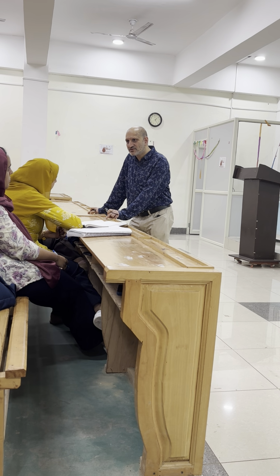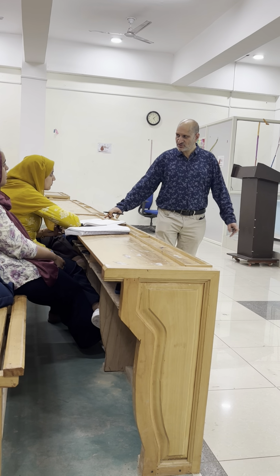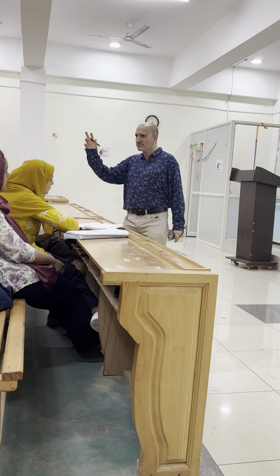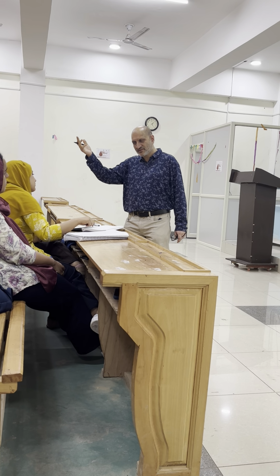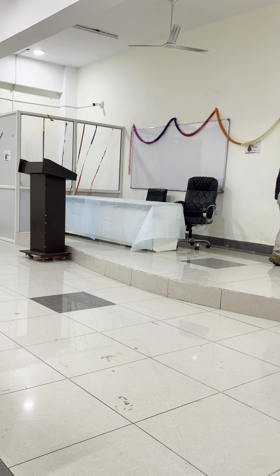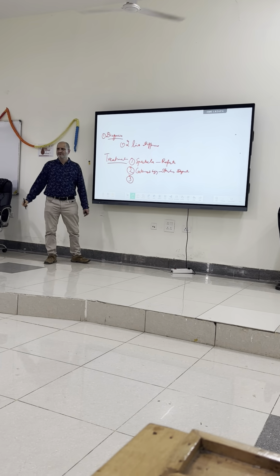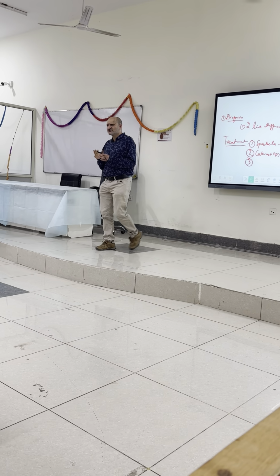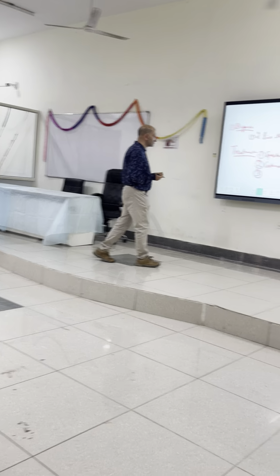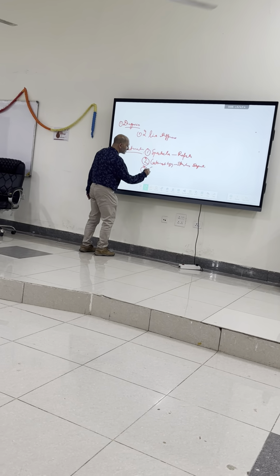Don't waste your time, because it is a question of the child's vision for the rest of his life. If it's affected, nothing can be done. So spectacles, then cataract surgery, then third, if there is strabismus, you do a squint correction.